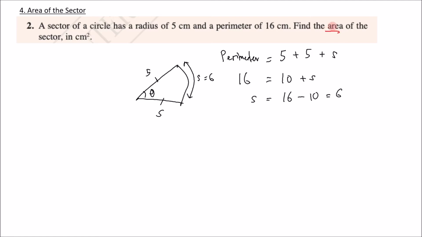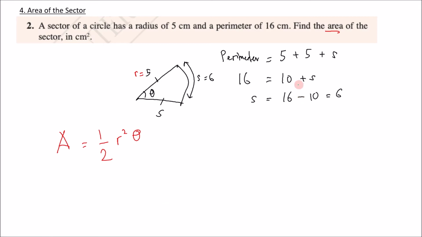So we have to use the formula for area. Area of sector is equal to 1 over 2 r square theta. We have r. Do we have theta? No, we do not have the angle yet. So we need to find the angle first.